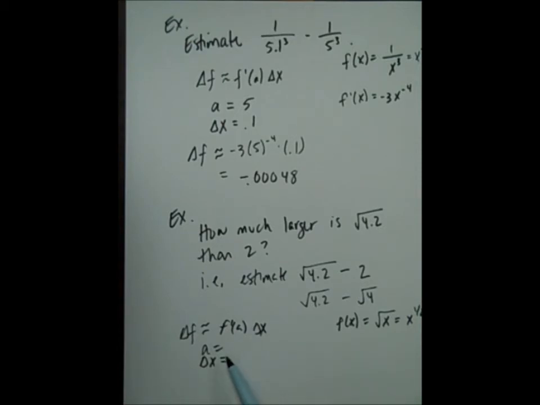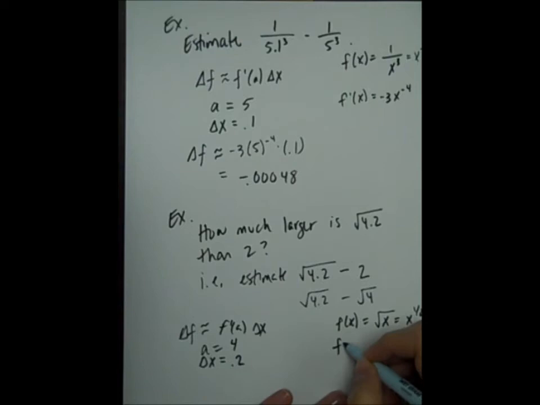So a, which one's going to be easier to plug in? 4 or 4.2? Definitely 4. And now how far do I move if I go from 4 to 4.2? I'm moving in the positive direction, 0.2. Now just plug it in. So f prime of x is 1/2 x to the negative 1/2.